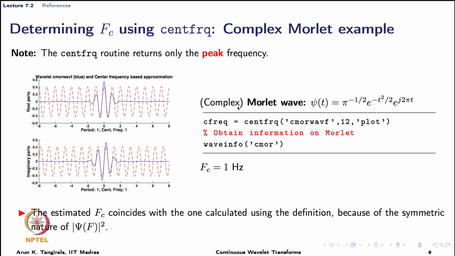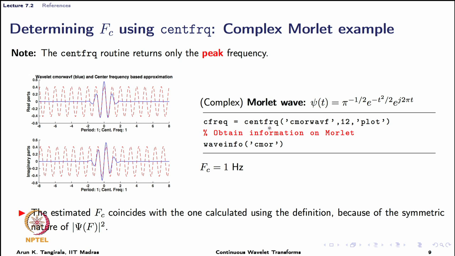So, to demonstrate how this CENTFRQ works, I have taken the Morlet wave once again. The expression given here for the complex Morlet wave and the one that I have given earlier only differ by a factor, but otherwise the basic expression looks the same.